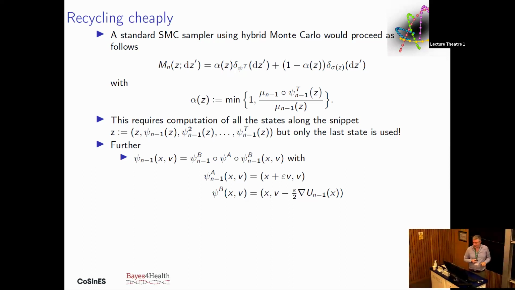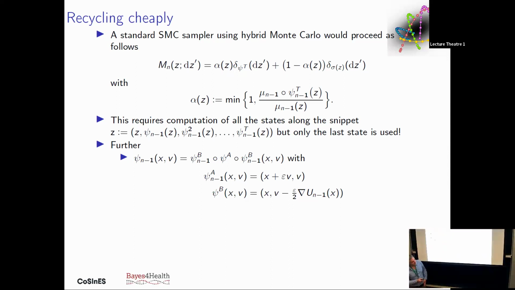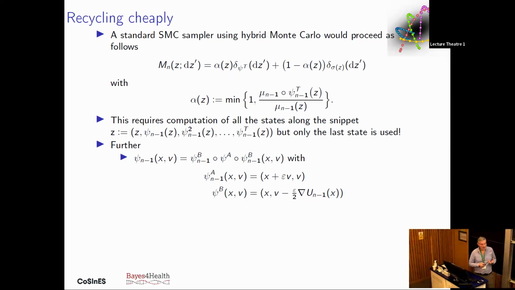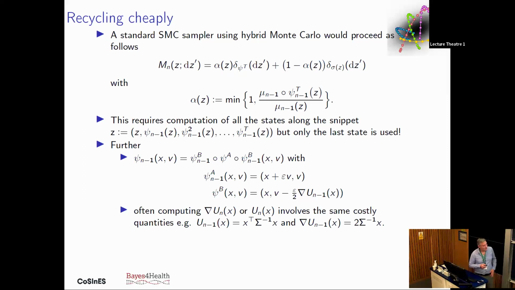And very often, again, that's not a mathematical statement, but a practical statement. In many scenarios, some of the expensive quantities that are required to evaluate the gradient are similar to the expensive quantities that are required to compute the energy itself. So that's often the case. Here is a toy example to show you what I mean.